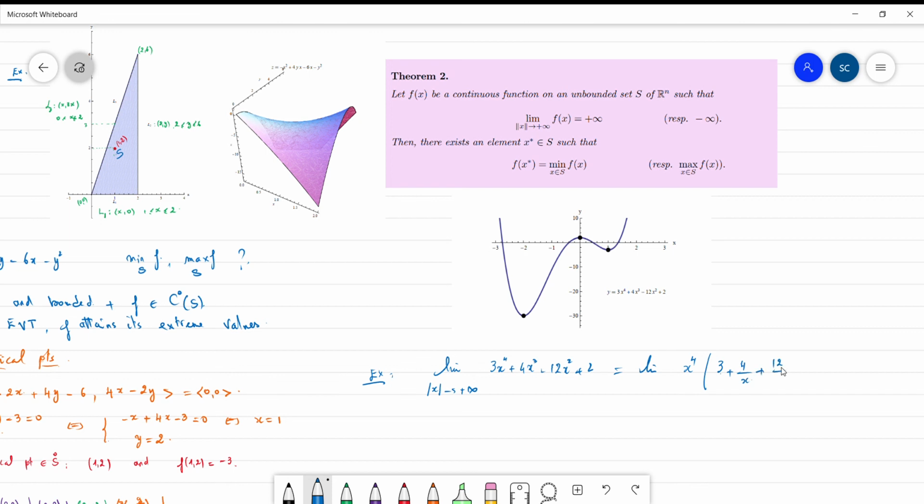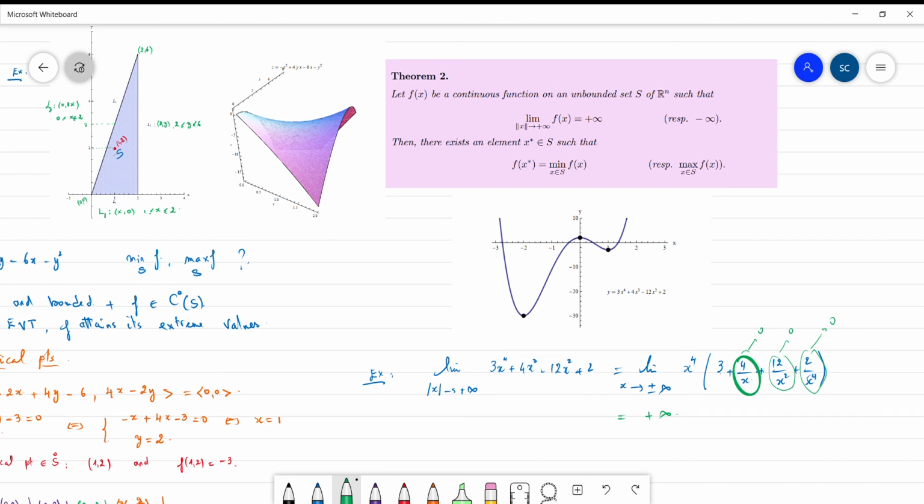We can write it like this so that we justify why. Having this writing means I'm considering both behaviors, plus infinity or minus infinity. Each of the other terms will approach 0. So finally the behavior is the same as that of 3x^4, which gives me plus infinity.